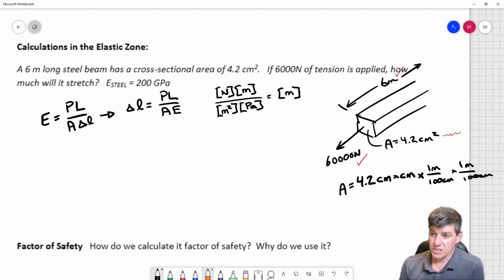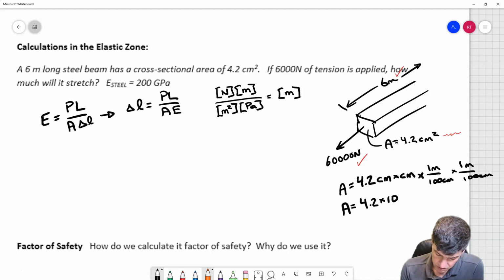Don't see the square and forget to convert twice. Very common mistake in these questions. So 4.2 divided by 100 divided by 100 gives me 4.2 times 10 to the negative 4 meters squared.